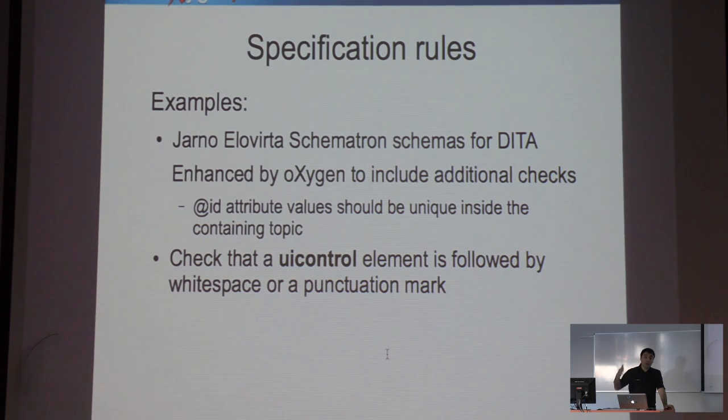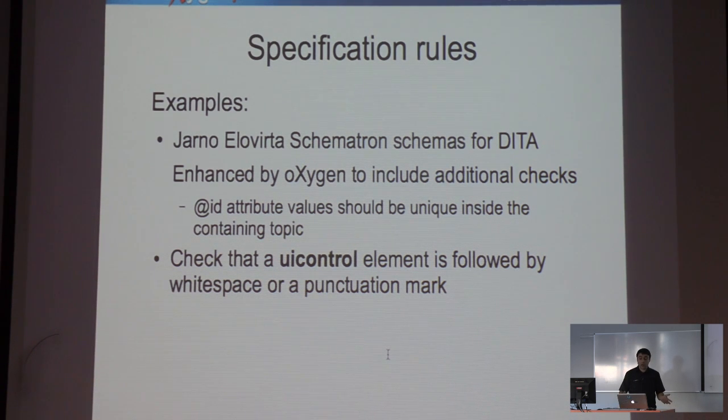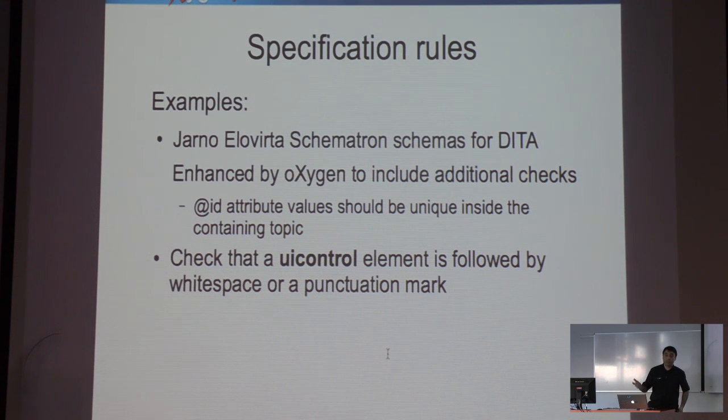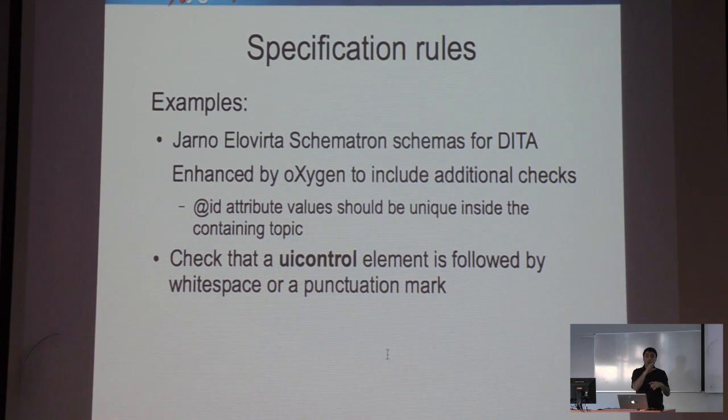We also use them and we enhance them, for instance, checking that the ID attribute is unique within a topic. The IDs in DITA are not XML IDs. They are just name tokens, basically. And they should be unique within the parent topic. So two topics in the same document can have the same IDs, but the ID should be unique within a topic. And we can use Schematron for that.